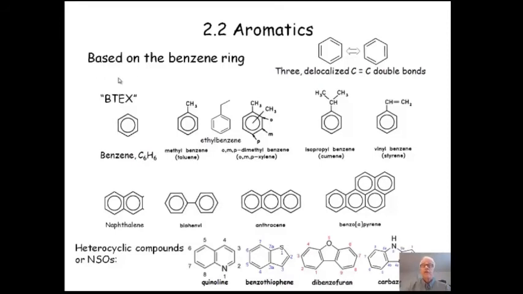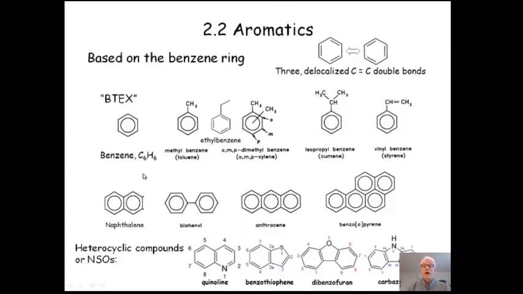And we often use the phrase BTEX, for benzene, toluene, ethylbenzene, and the three possible xylene isomers, depending on where we put the second methyl group. There are more complicated monoaromatics, cumene, styrene, for example.